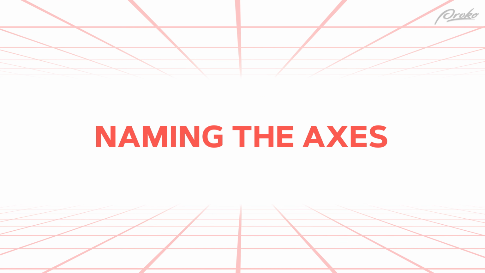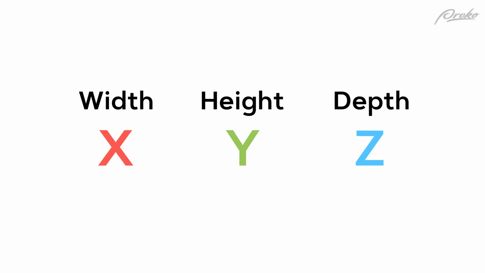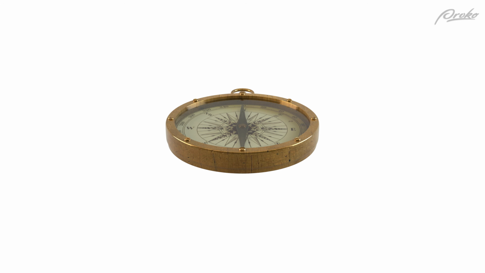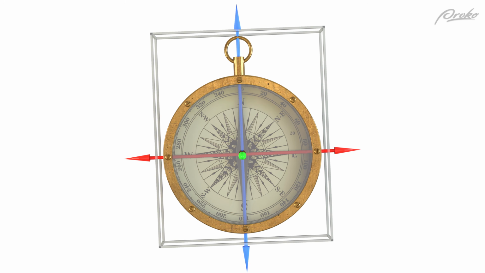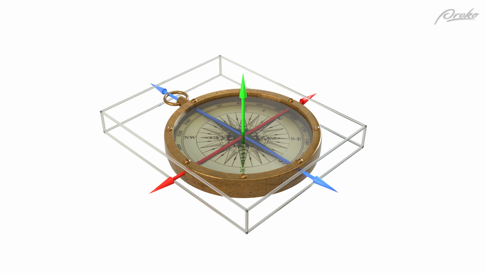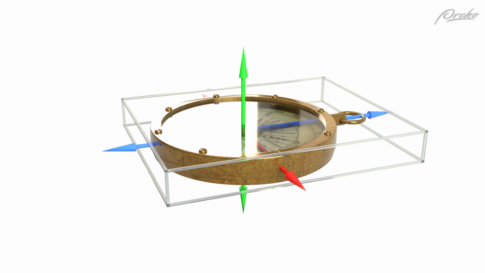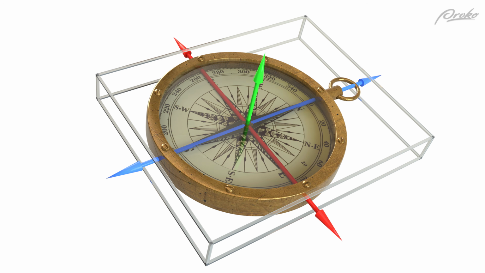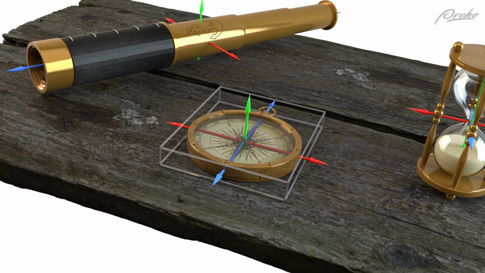Naming the axes. Why do we use letters? We could say up and down, left and right, close and far, but spin this, and what was up is now left. What was left is now far, or close. So we can't always name a line by its position or where it points because that may change.